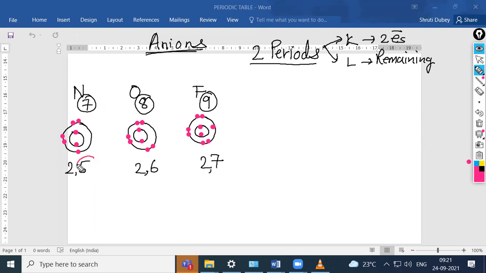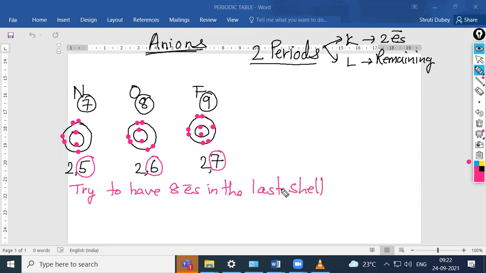When there are 5 electrons in the last shell, they try to become stable. For stability, they try to complete 8 electrons in the last shell.